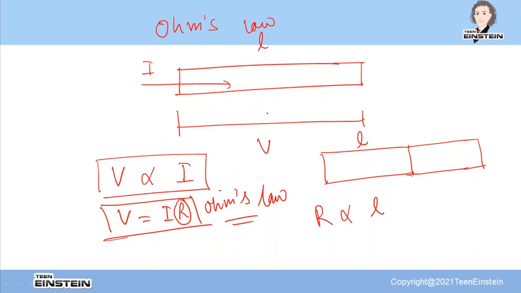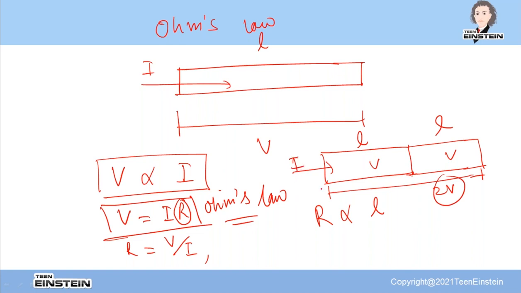If I take two identical conductors of the same length, each with the same potential difference V, connected in series, their total potential difference is 2V, but the same current is flowing through them.